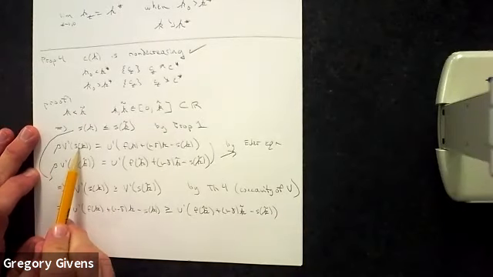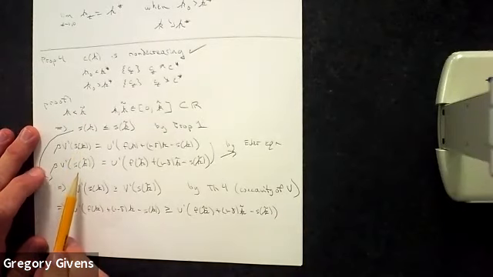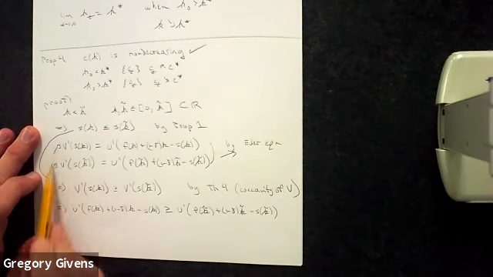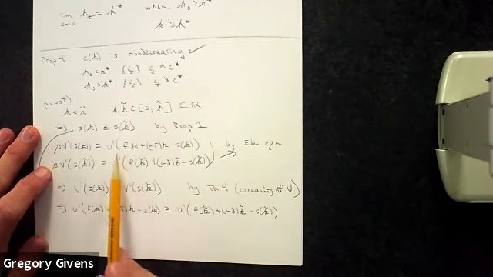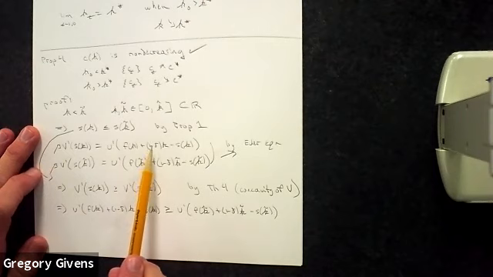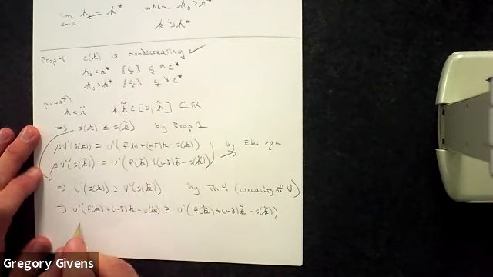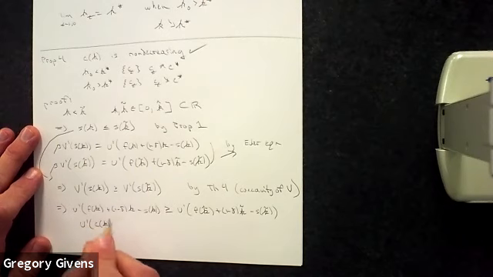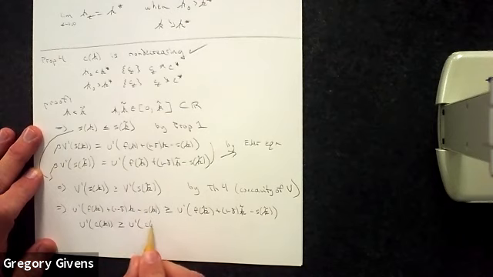If V prime of S of k is bigger than V prime of S of k tilde, they're both multiplied by betas here, so that's no different. That means the right-hand side of the first one has to be bigger than or equal to the right-hand side of the second one. So U prime of C of k then has to be bigger than or equal to U prime of C of k tilde.